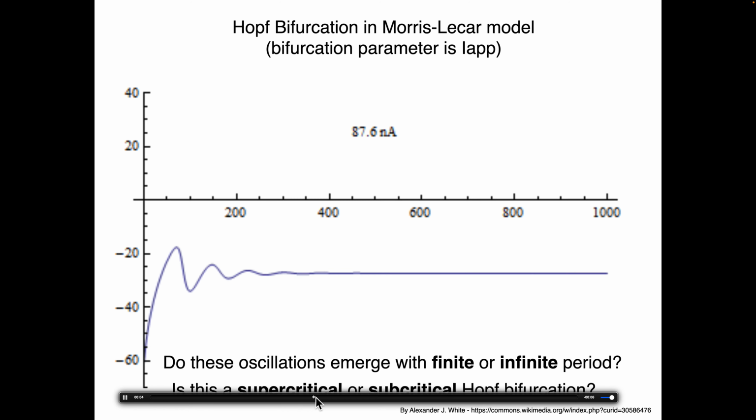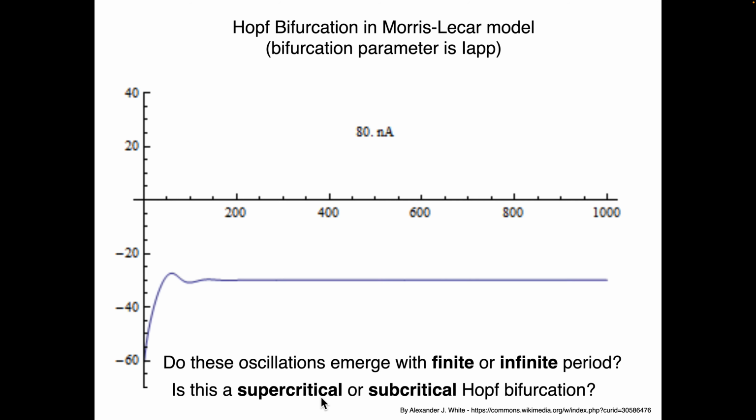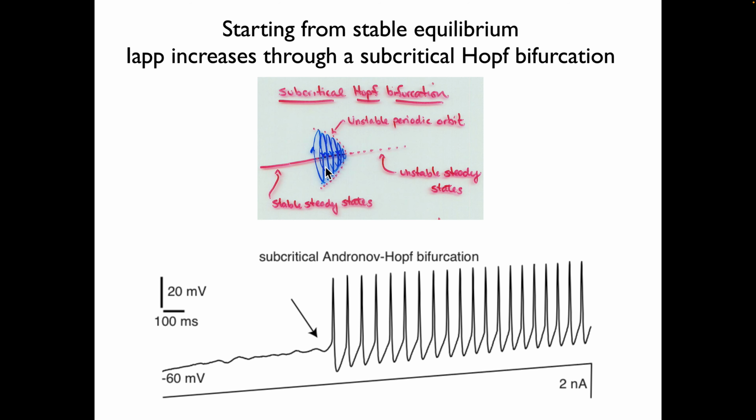This is sort of a stable spiral solution, and then we're immediately at this large action potential. So this suggests that what's occurring is passage through a subcritical Hopf bifurcation.